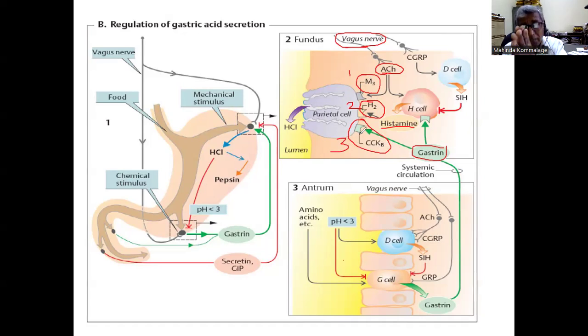If there's stimulation for acid secretion, there should be inhibition also, right? I will explain that later. So acid secretion can be inhibited as well as stimulated through these receptors.